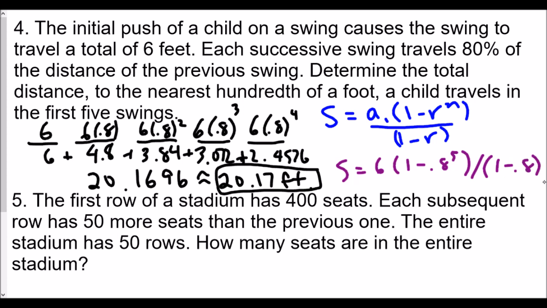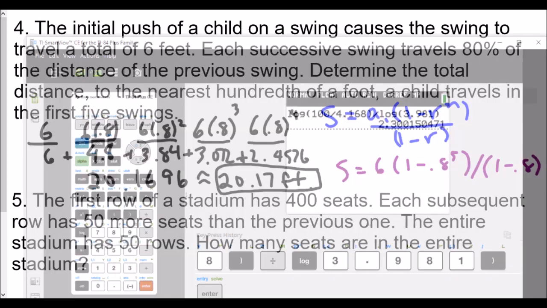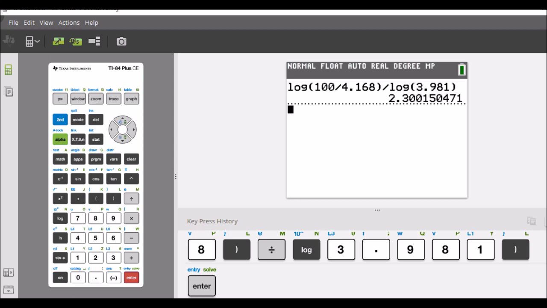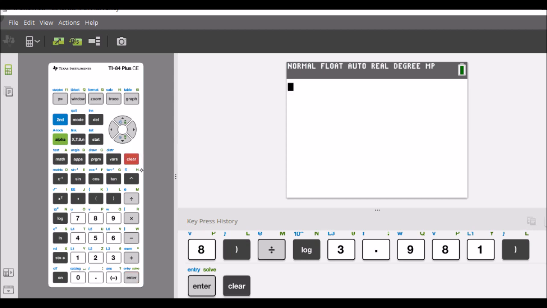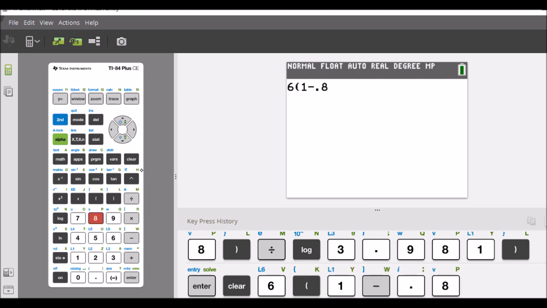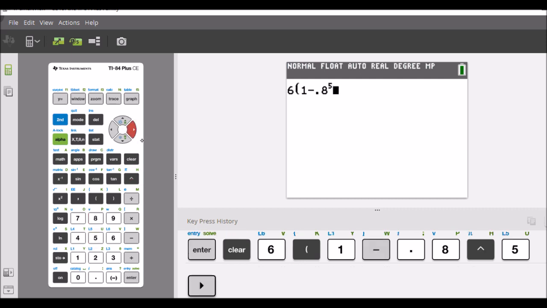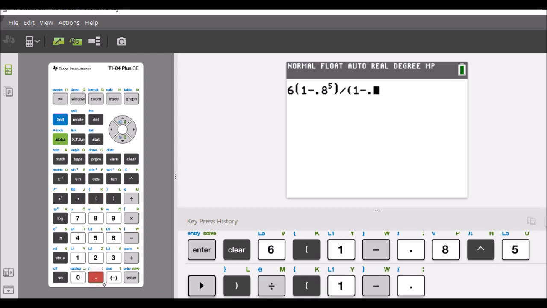And we're going to take our calculator here and type it in. So this is our previous problem here. I'm going to clear this out. 6, parenthesis, 1 minus 0.8 raised to the 5th, close parenthesis, divide by, open parenthesis, 1 minus 0.8. You can do the numerator first, then enter, then find the denominator, enter, and then find the value.